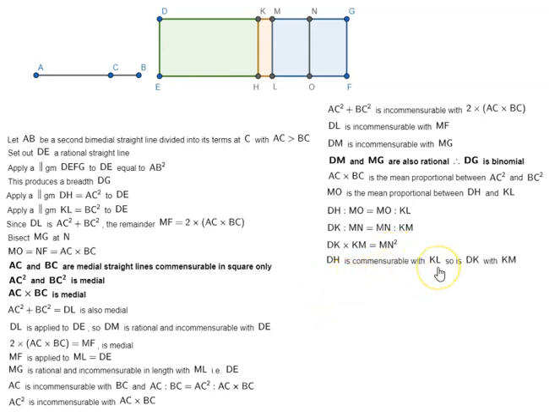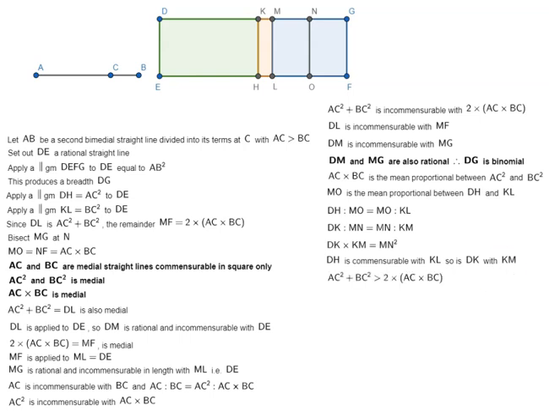DH is commensurable with KL. Why? DH is commensurable with KL because AC square is commensurable with BC square, and DH is AC square and KL is BC square. Which means DK is also commensurable with KM.